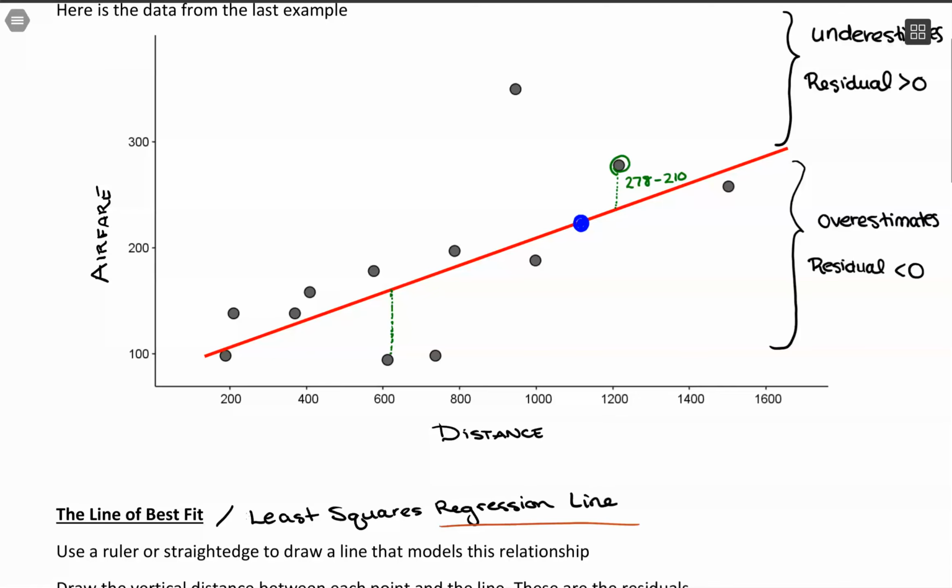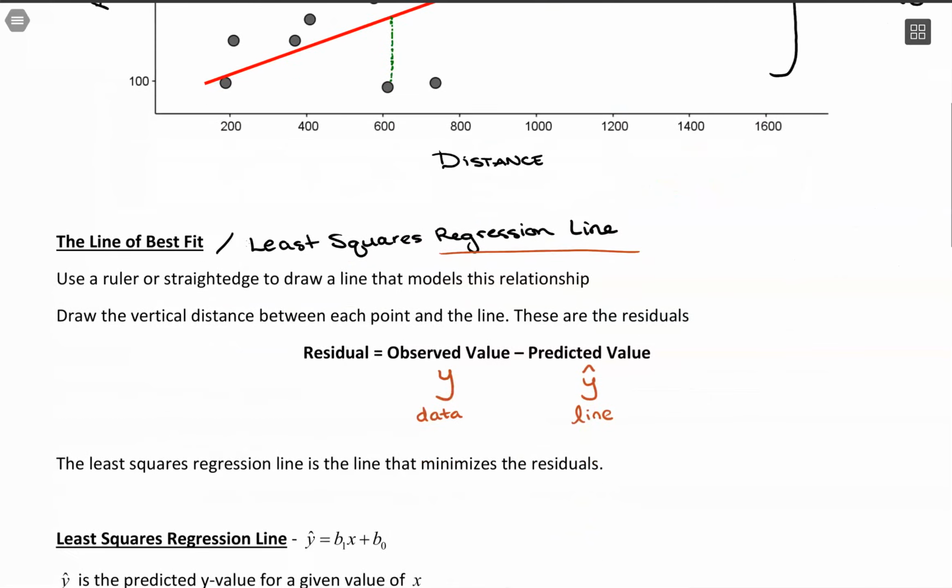So this is a case where it doesn't underestimate or overestimate, it's exact. So when you land on the line, that prediction was exact, and that's going to occur when your residual, if we looked at the difference between those y values, would just be 0. So that's the idea of residuals. I'm looking at this difference between prediction and what was observed.